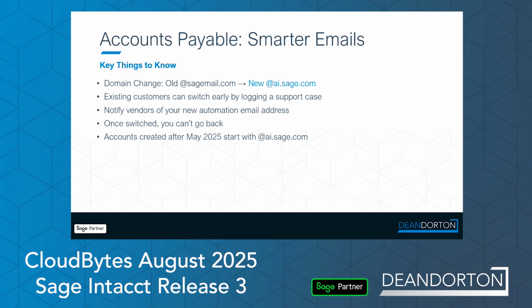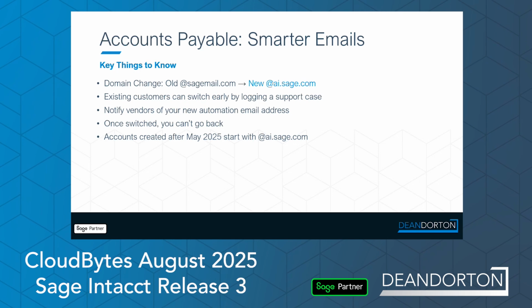You would need to change where that forward is going to. If you've given the email to your vendors, you would need to give a new email to your vendors for this, which is just some of, I think, the benefit of having ap@deandorton.com and then letting it do the forwarding. You don't have to go back to your vendors ever again if these types of things change.